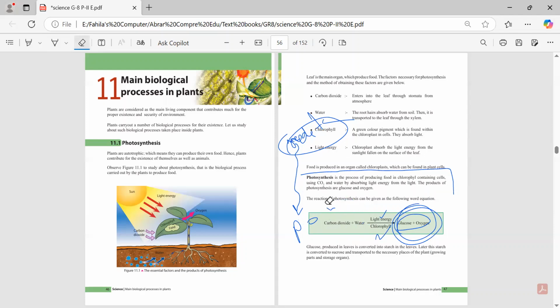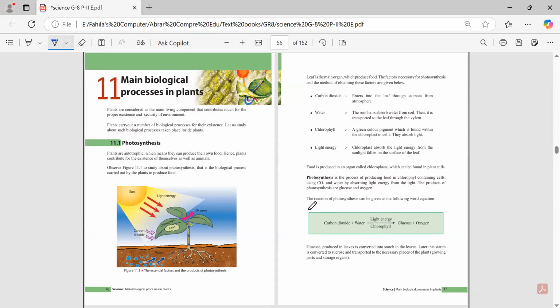Okay, so what is photosynthesis? If in your exams they ask you such a question, your answer, your definition must contain all of it. So you must know to put them in proper words. Now, I'm not going to read this out, okay? But looking at this equation, I can come up with a definition.